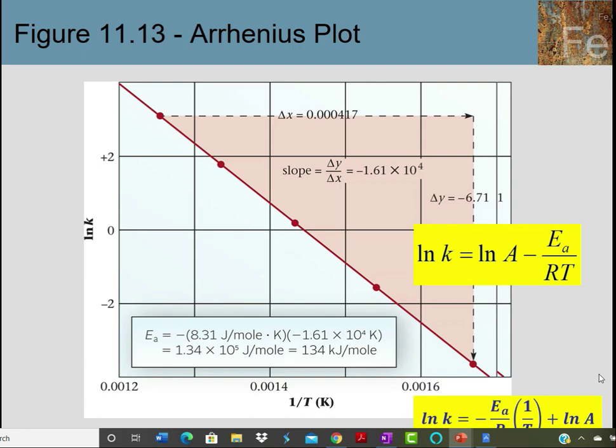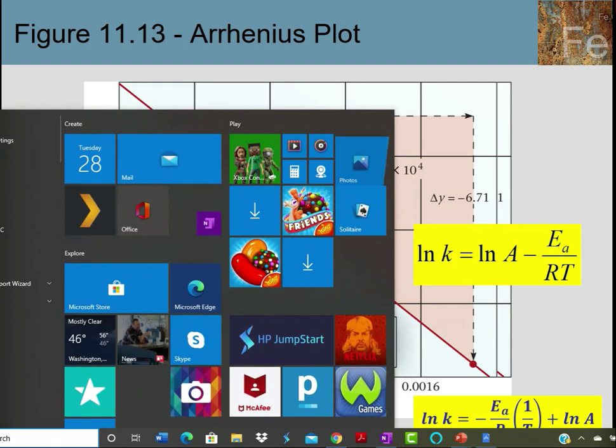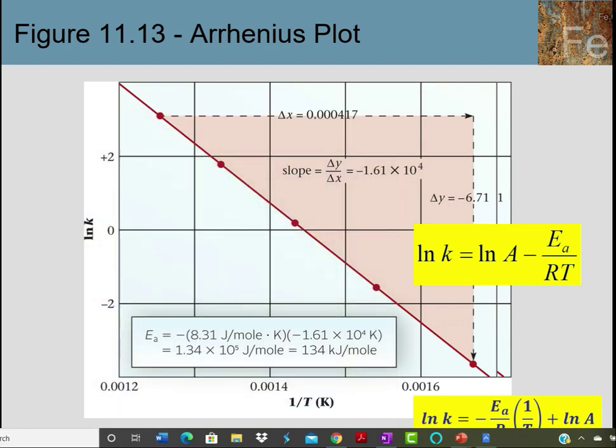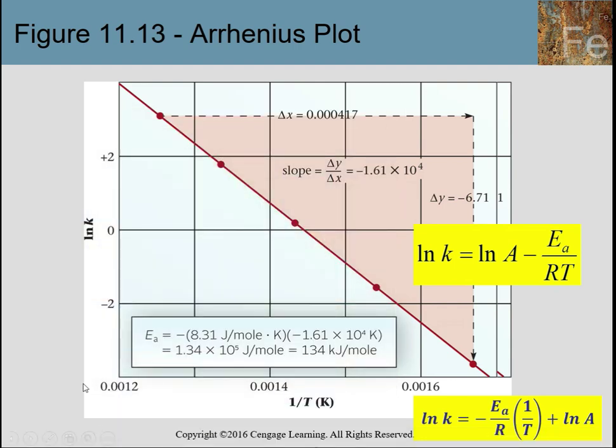This would be a graph of different temperatures. And if I were to calculate my k value at different temperatures and graph the following, let me get rid of this thing at the bottom. Guess it's not going to cooperate with me, is it? There we go.